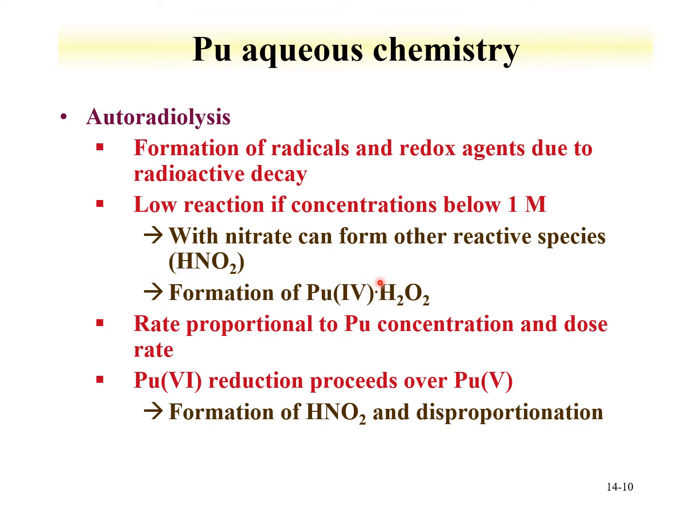You can also, if you form peroxides, as we talked about with other actinides, form peroxide species. So the autoradiolysis, just a change in the redox, is really rate proportional to plutonium concentration and dose rate. So the plutonium concentration and dose rate are also saying something about the half-life of the plutonium isotope that's in solution.